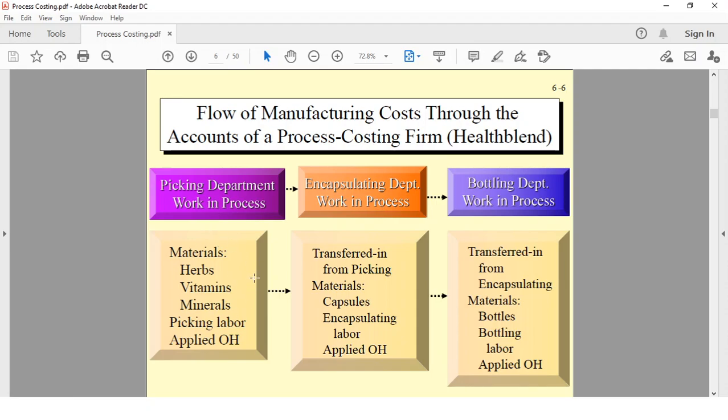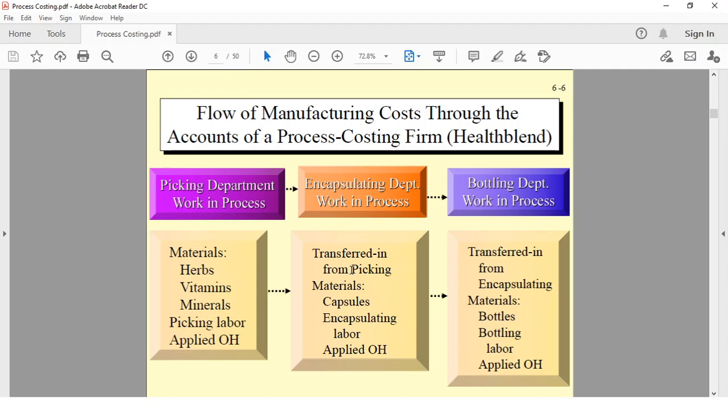Once this is done in your picking department, the cost is transferred to your encapsulating department's work in process. So here you have the cost transferred in from picking. Whatever comes from picking, you add what you incurred in your own department. So we have here the capsules, also the labor, and the overhead for the encapsulating department.